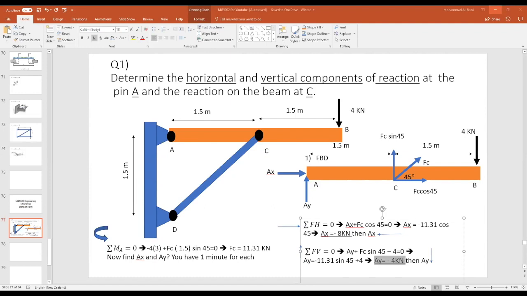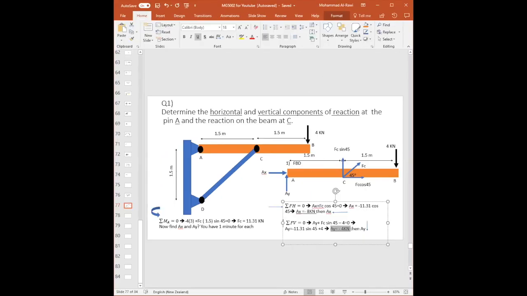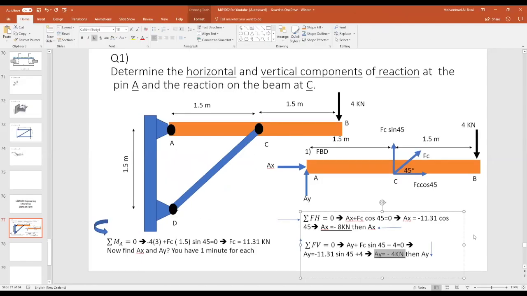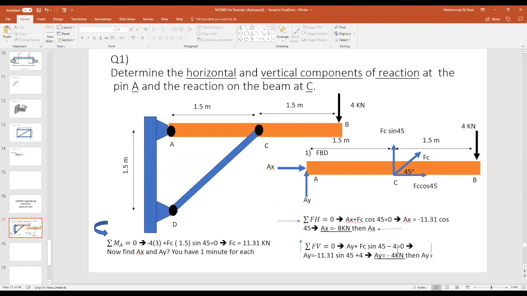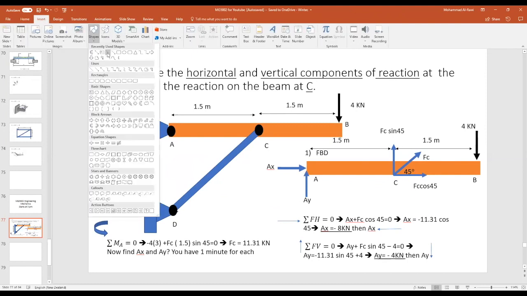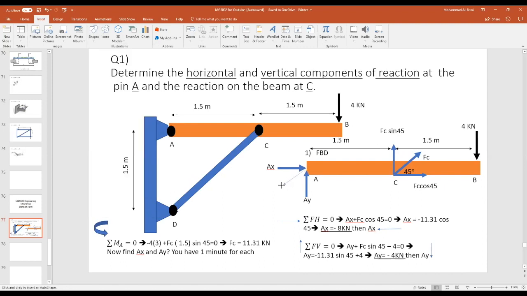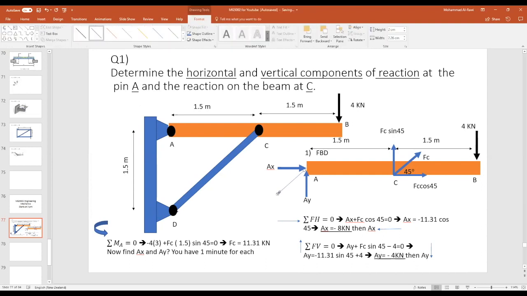If you find the force in that direction, it will help us a lot. For example, what we found is this force, but in reality you should find the resultant force, which is supposed to be going in that direction. That's what you really need to find.